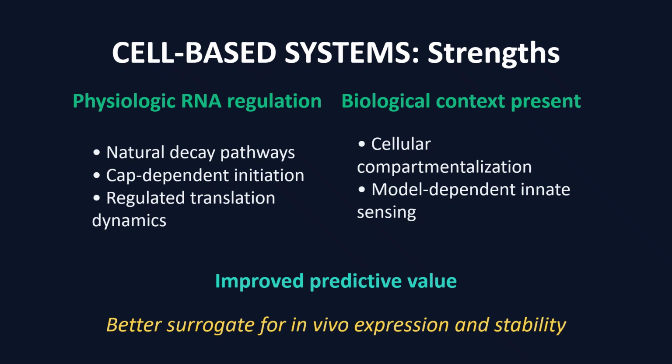Cell-based systems also introduce immune sensing, but this is actually model dependent. Different cell lines express very different levels of RNA sensors, like TLR7, 8, or interferon responsive proteins. So immune related measurements generally reflect the specific biology of the chosen model system.